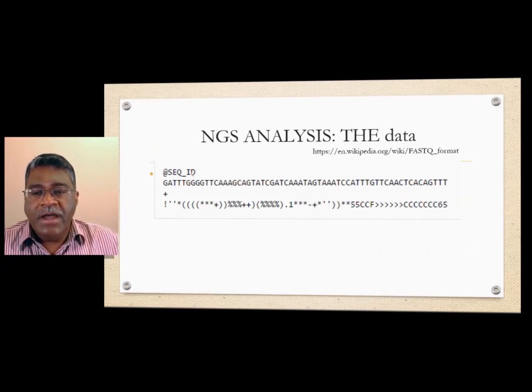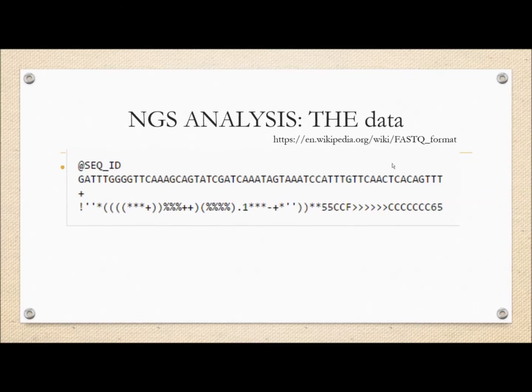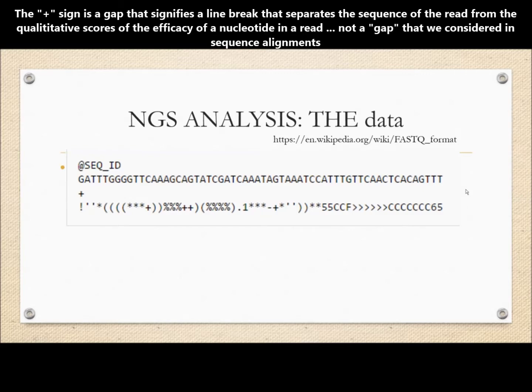So the ID of the sequence, kind of like what goes with the greater than sign. You put an at sign, and the sequence ID will tell you that, okay, a new sequence is coming up, and there you can put as much information as you want. And this is your read. This is that fragment that you sequenced, and the plus sign is a gap.